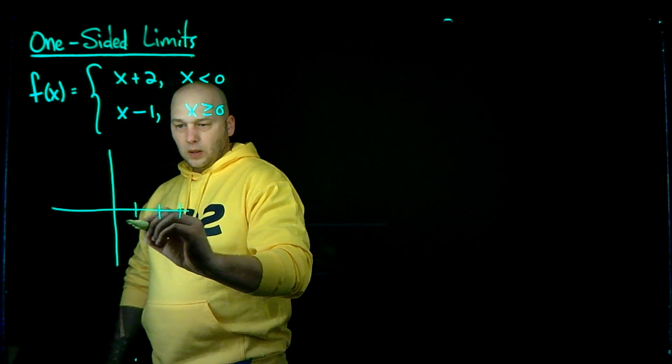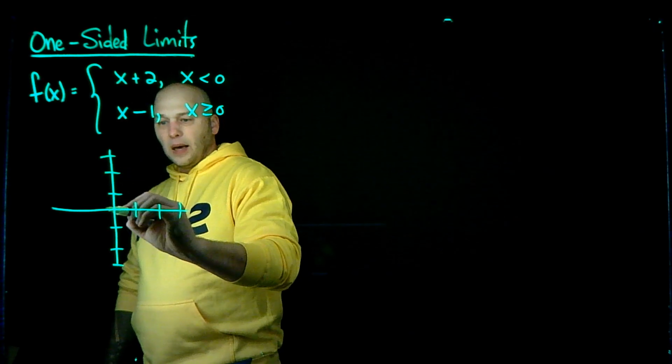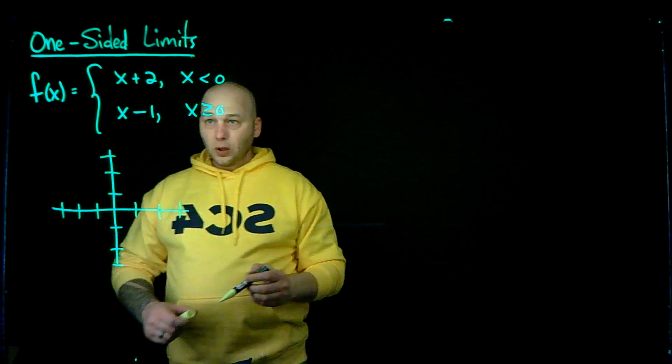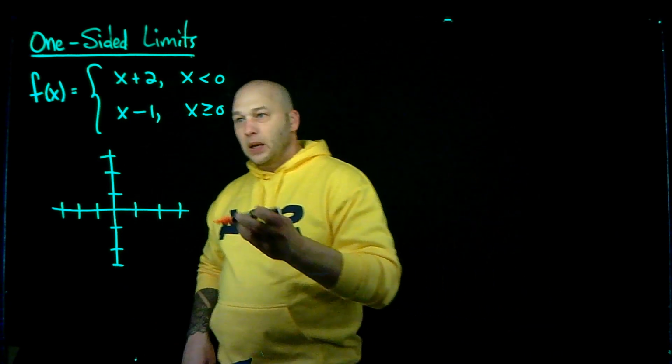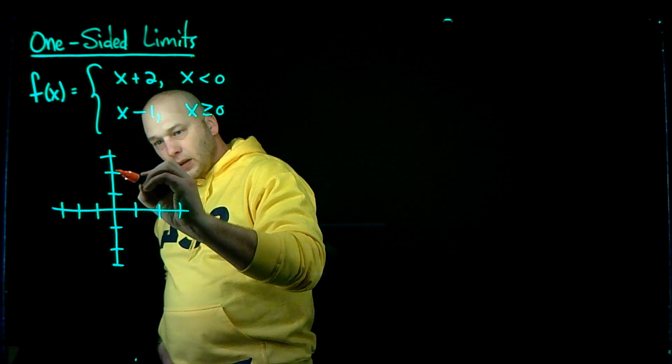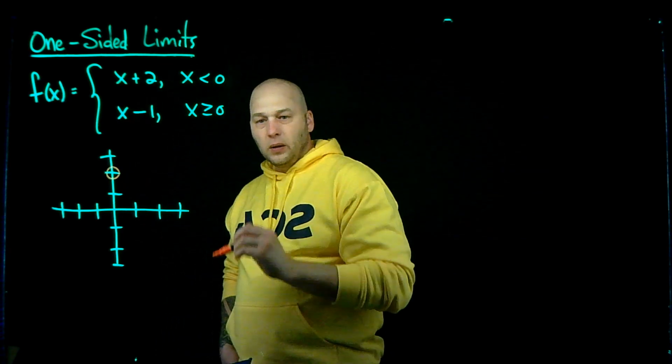Okay, so let's see. For x less than 0, I'm using the line that has a slope of 1 and a y-intercept of 2. So that means it's going to look like this line right here, not including the y-intercept, because I'm not including 0.